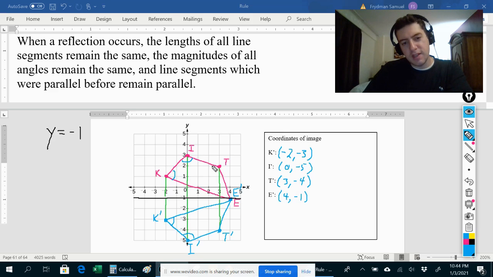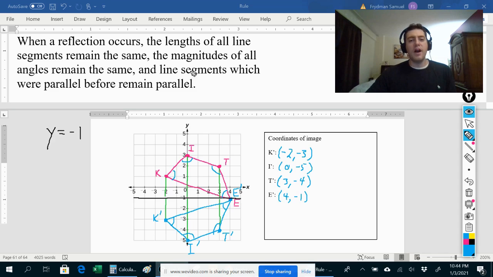Let's say if this is 130 degrees approximately, then the angle at T prime would also be 130 degrees. And this angle looks to be about 50 degrees, then this angle would also be 50 degrees. So the magnitudes of the angles have not changed.